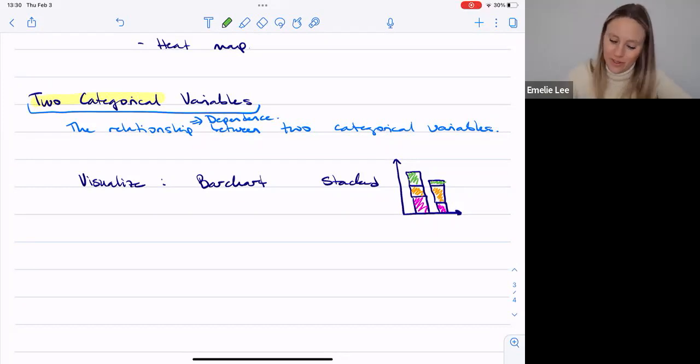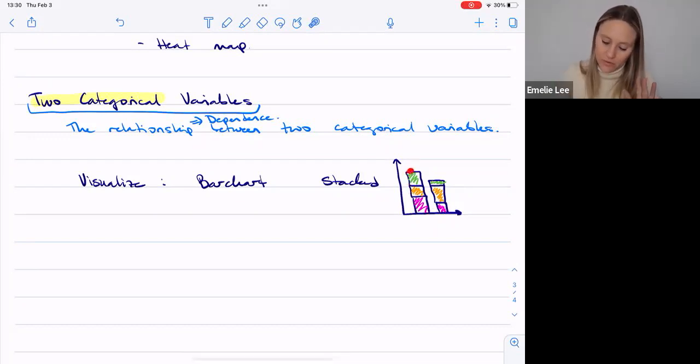I have one categorical variable that's been split up, right? So one categorical variable is summarized by the height of the total bar. And then what I've done, the stacks are the second categorical variable, right?